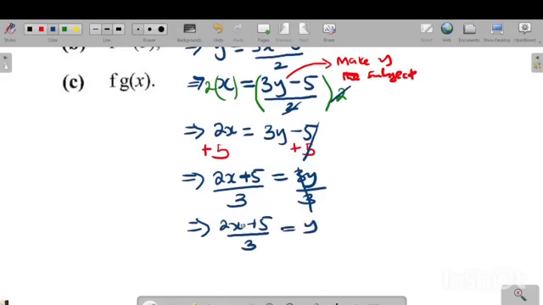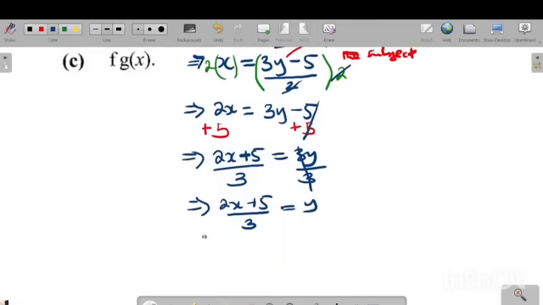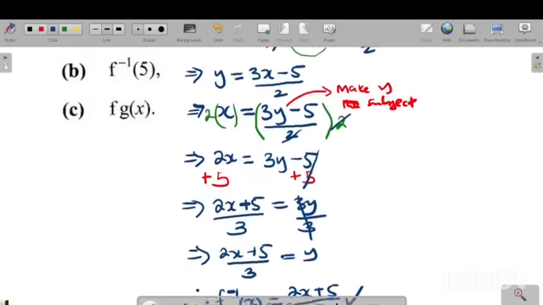So this alone is the inverse. So what is remaining now is just to conclude and say, therefore, the inverse of the function f of x is equal to 2x plus 5 over 3. So this is the inverse they required.